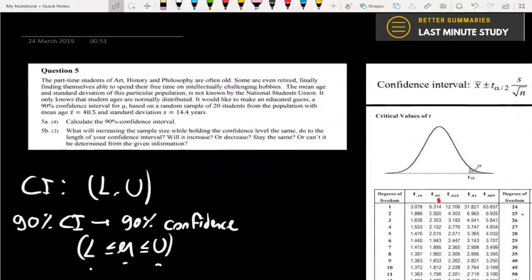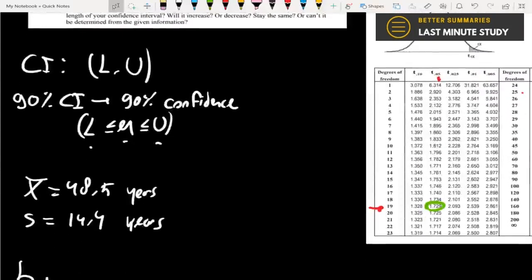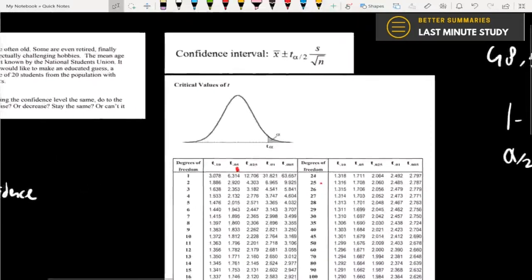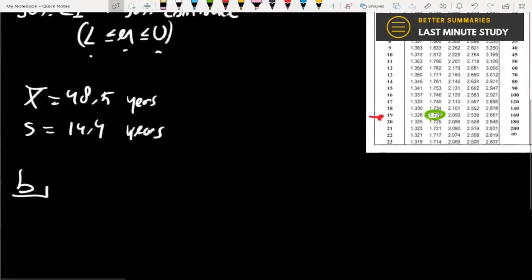Read the question. Suppose we increase the sample size. What would happen to the length of your confidence interval? They ask you whether it decreases or increases. Well, there was this formula. Let's take it over. This was the formula for your confidence interval boundaries.